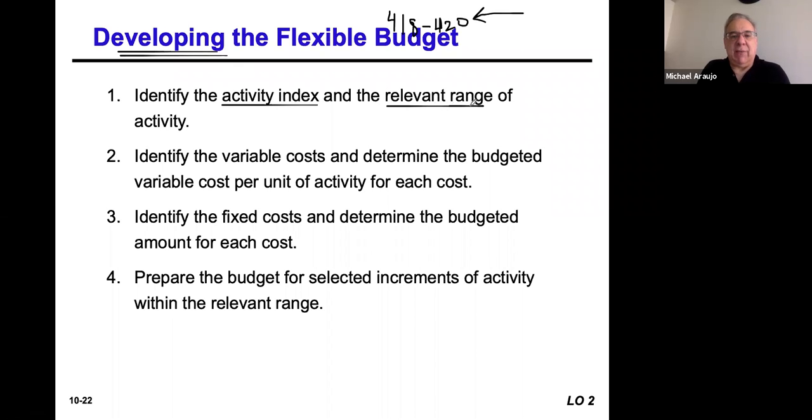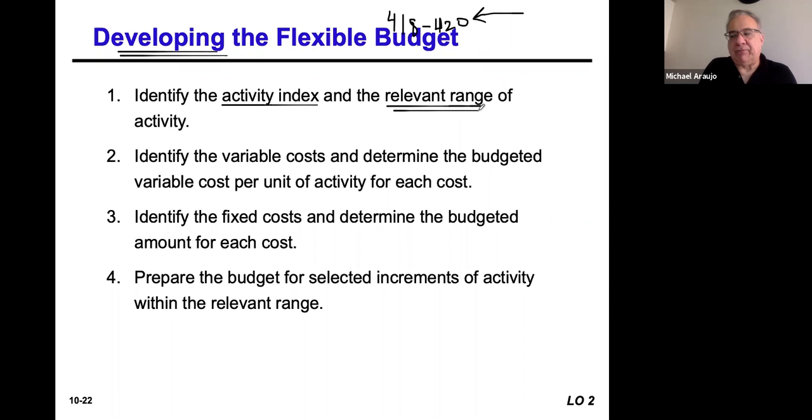So like I said, if the factory is capable of producing 20,000 units and you think you're only going to produce 10,000 units, well, what if you produced a little bit less? What if you produce a little bit more? You should have budgets for all of those activity levels within the relevant range.